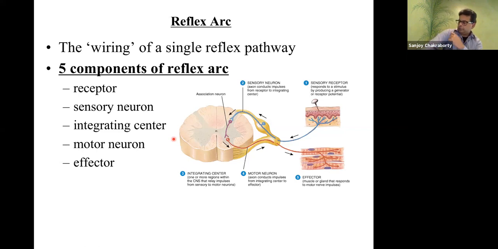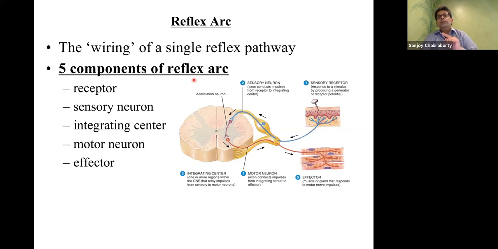And that neuron will come right here to this particular muscle group, which is known as the effector, which contracts, and their contraction will result in movement of this hand. This is also the mechanism for reflex, and that is why it's commonly known as a reflex arc.